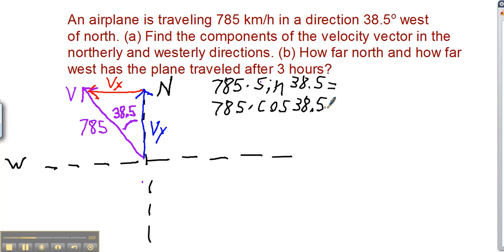When you crunch both of those, you get for the sine term 489, and for the cosine term you get 614.